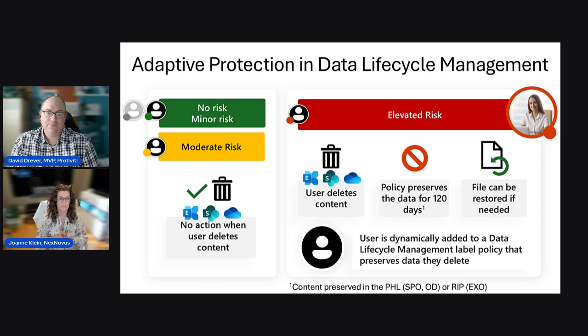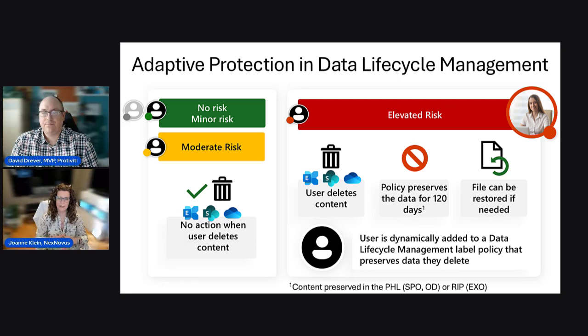So this is what insider risk management will do once a user is detected to have an elevated risk. It preserves all of that deleted content in that same preservation hold library that is automatically provisioned on a SharePoint site.